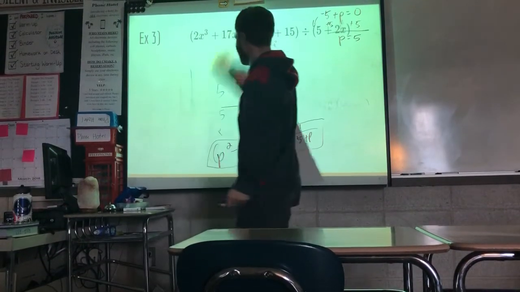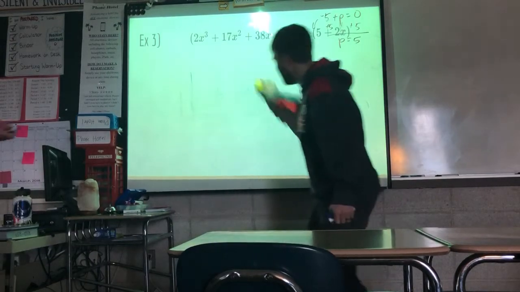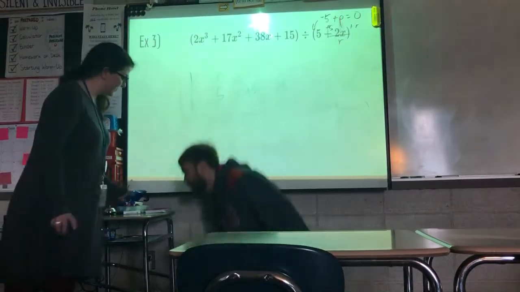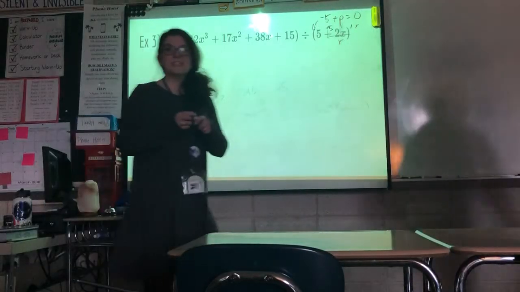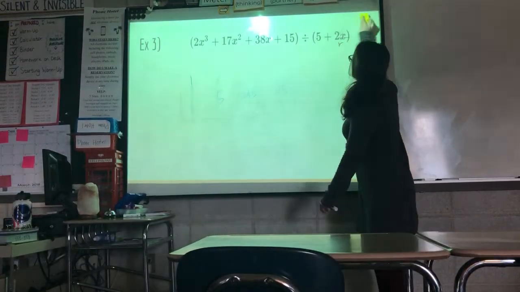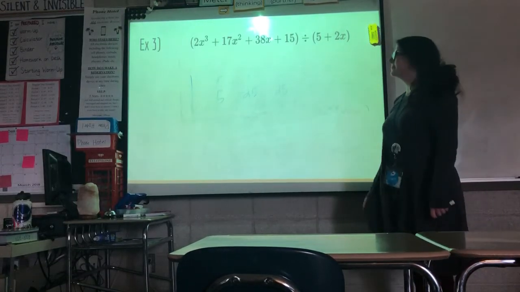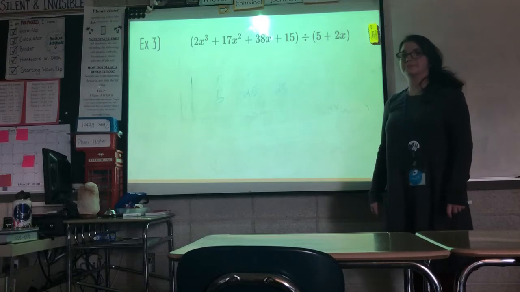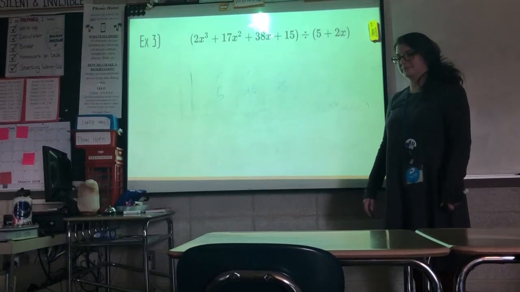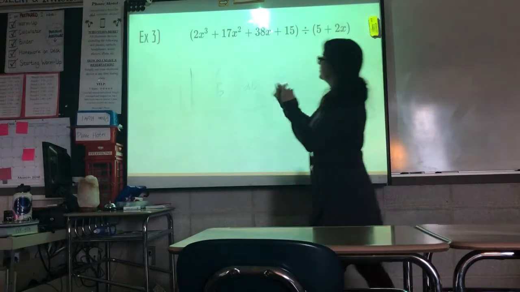Next, Example 3. I'm suggesting right now that you take a minute and pause and see what you can do to set up this synthetic division to start. Hopefully that was enough time. If not, we'll do it all together right now.